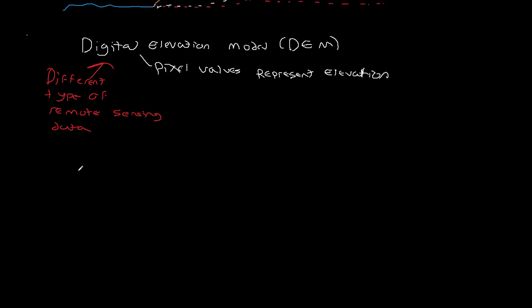As I said in the intro video, there are three ways that we can set up digital elevation models, and these define what the pixel values refer to. The first is a digital surface model.